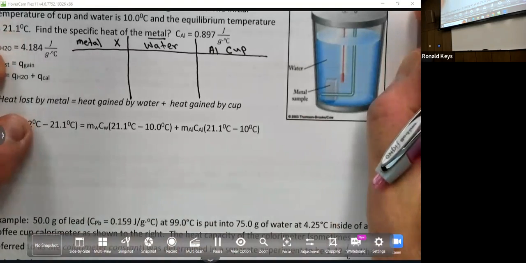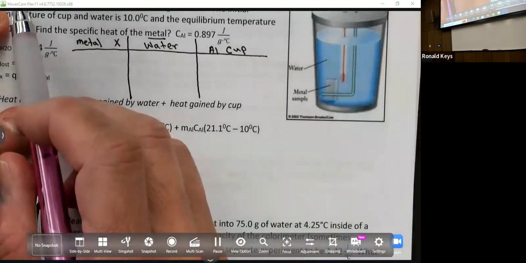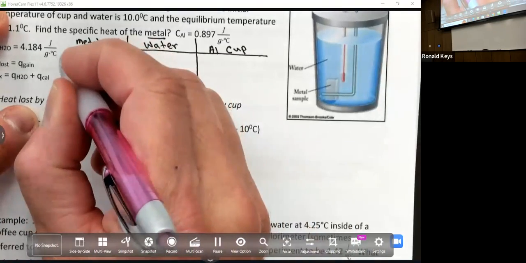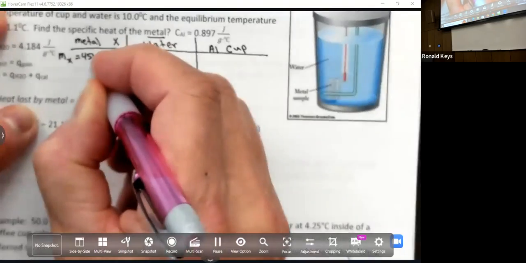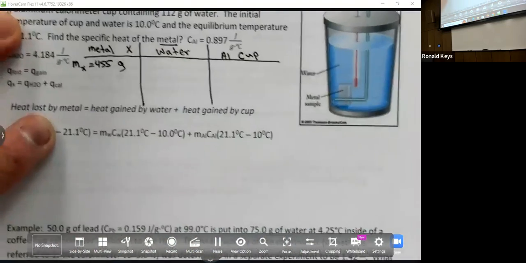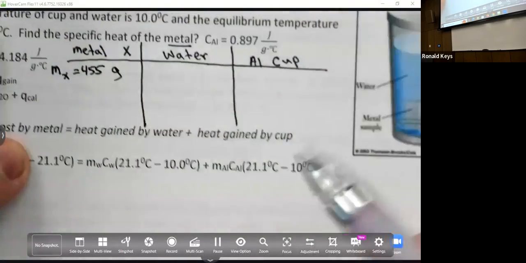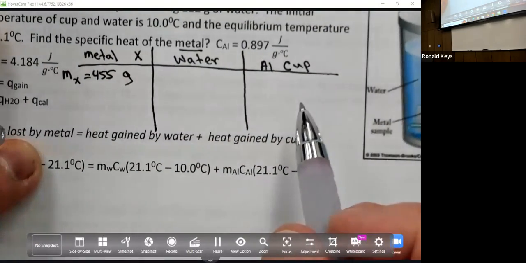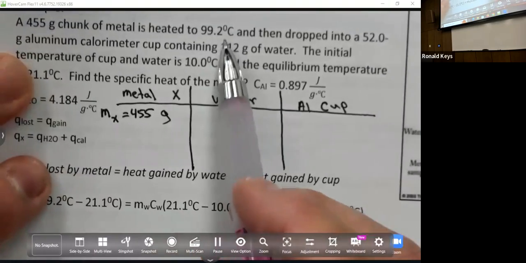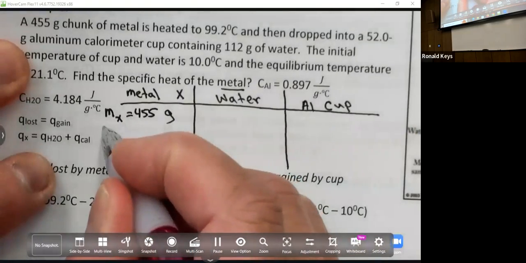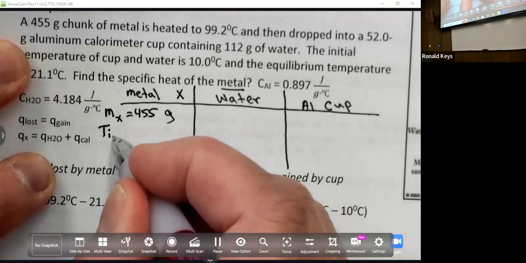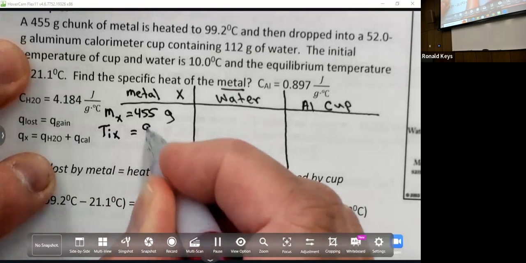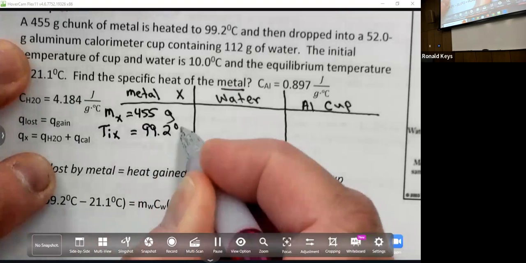Let's see if we can identify what we've got here again. 455 gram chunk of metal. 455 grams for the metal. That metal is heated to 99.2. So the initial temperature of the metal, I guess I can put an X in there, 99.2.